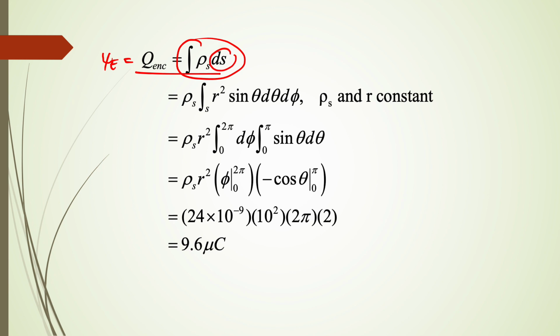For dS, we know for the sphere we have r direction, theta direction, and phi direction. So which direction should we choose? You have to look back to your diagram. We have a sphere now. As I mentioned earlier, we have to take a sample, and the direction we usually take is 90 degrees normal to this sample.